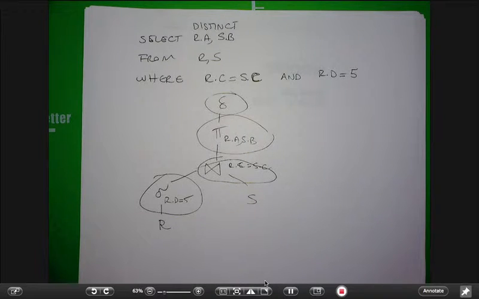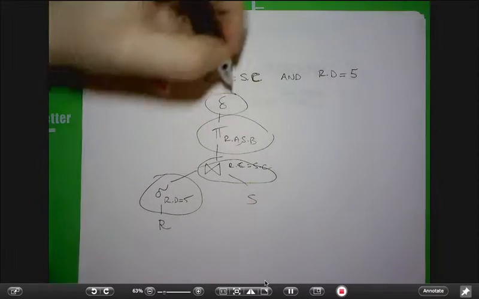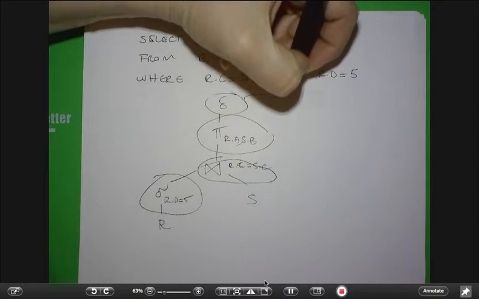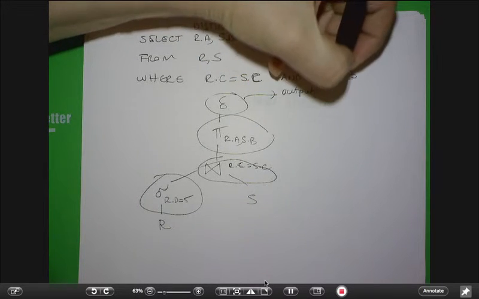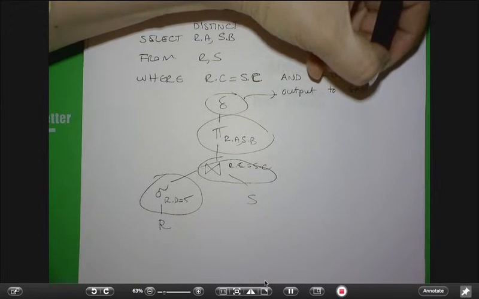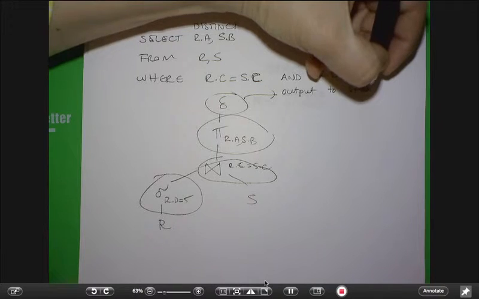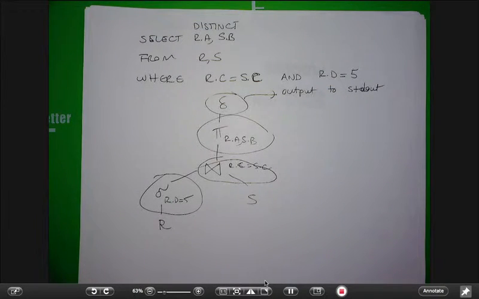But the thing that I want to mention here is that this notion of reading the relation and outputting it to the output buffer doesn't really work for the intermediate operators. Whenever this is finished, this can put the output to standard output. But for the others, tuples that are produced by lower relations are fed into the upper relations.